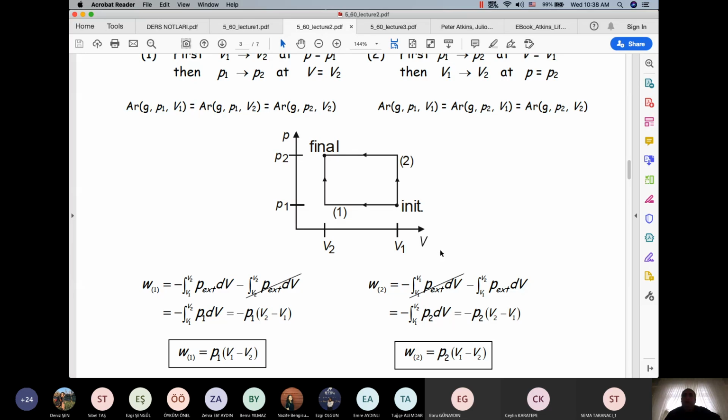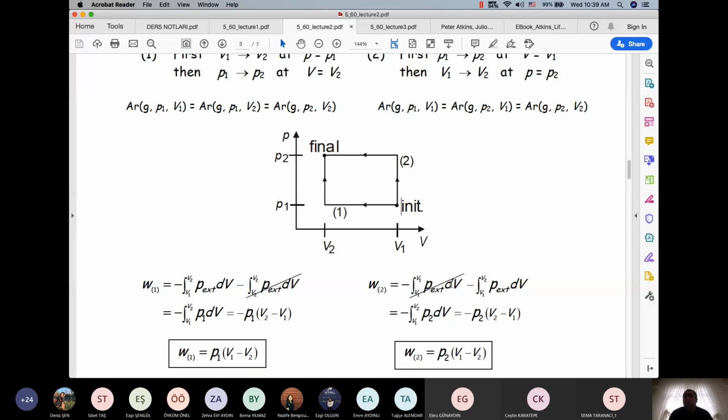So let's look at the equation over here more carefully. I am going from initial volume 1 to still volume 1, right? So over here, volume is constant and the pressure is changing. Since the volume is constant in the first part, I can just delete this part because there is no dV.